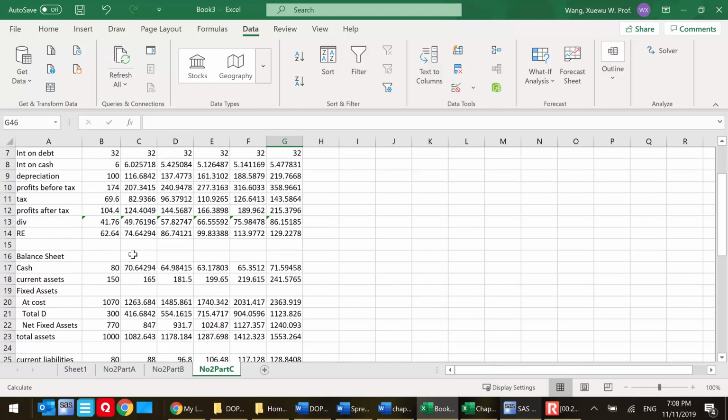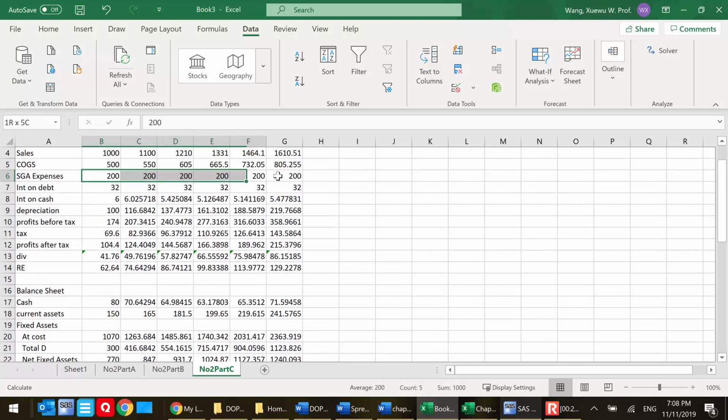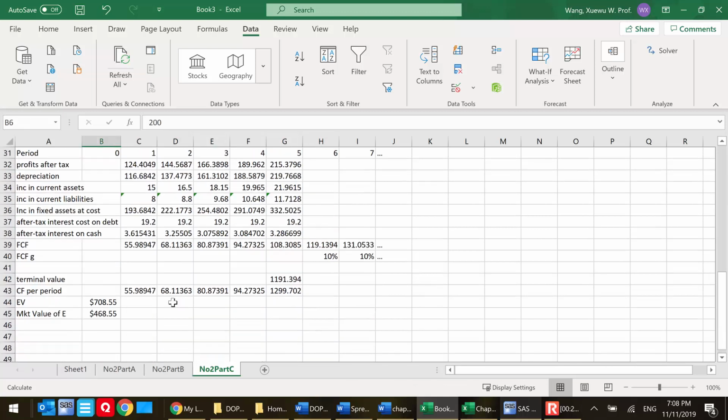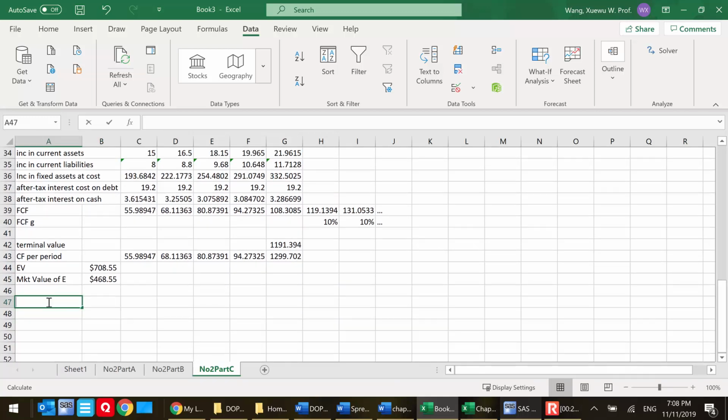This is in the income statement, and this is 200, so everything is constant. I'm going to get ready for the data table, so I'm going to say constant SGA expense. Right now it's set at 200.